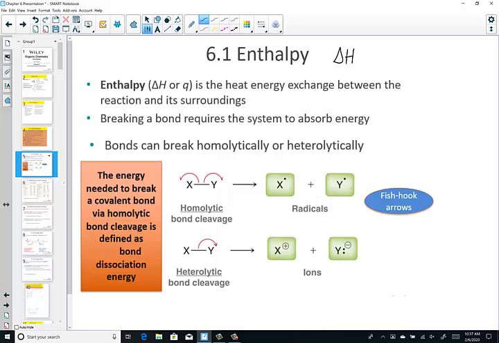When we break a bond, it requires energy, so it's a positive input of energy to break bonds. Breaking bonds occurs one of two ways. In a homolytic bond cleavage, think of this shared pair of electrons. In a homolytic cleavage, each one of these electrons goes in its own separate way.